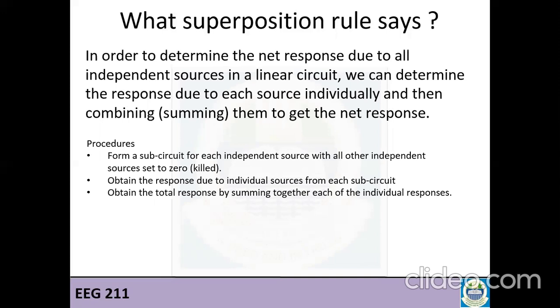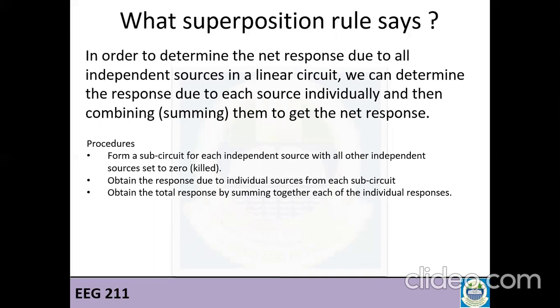How do we kill an independent source? Shortly, I will describe that. Let me just say the steps first. After forming the subcircuit for each independent source with all other independent sources set to 0, we obtain the response due to individual sources from each subcircuit. And the last step, we obtain the total response by summing up the individual responses.